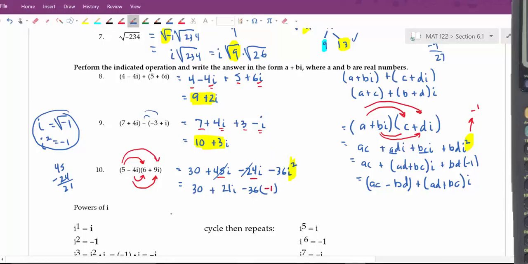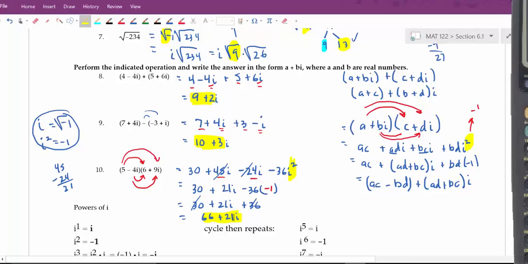Okay, so what you'll have is 30 plus 21i. Now you have two negatives multiplied, so that's going to be plus 36. Now you combine these two like terms, so 30 and 36 make 66, plus 21i, so that would be the appropriate result of multiplying those two complex numbers.